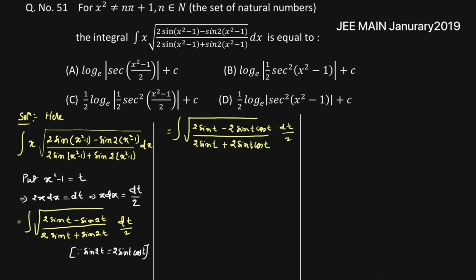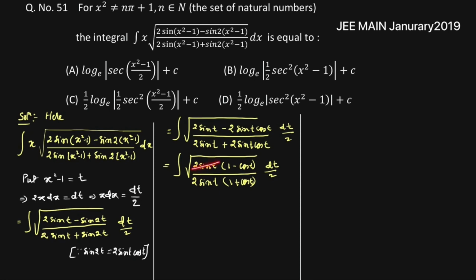Now we take 2 sin t common from numerator as well as from denominator. Then we will get integration of root over 2 sin t we take common, then we will get 1 minus cos t divided by 2 sin t, 1 plus cos t, dt by 2.